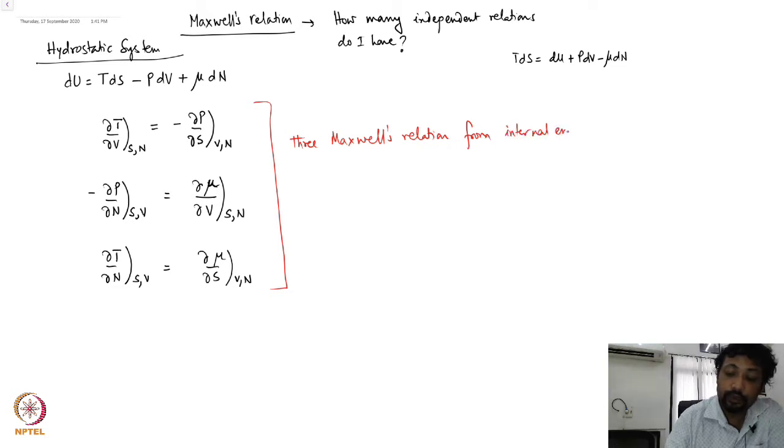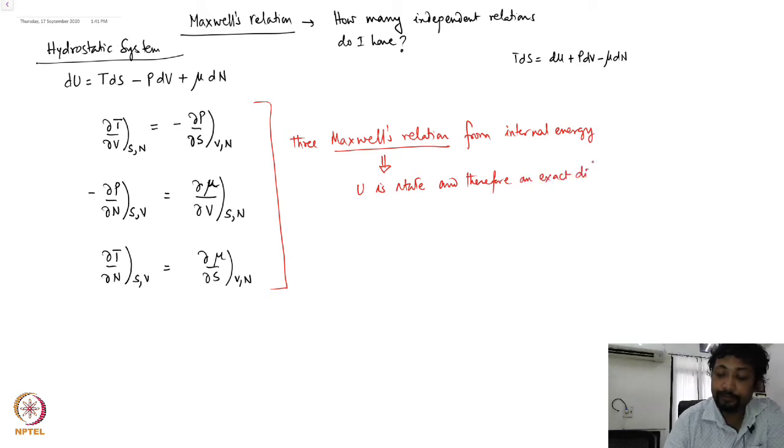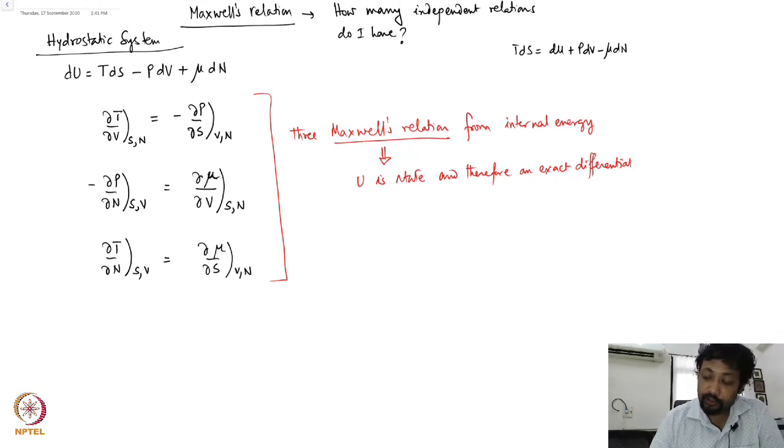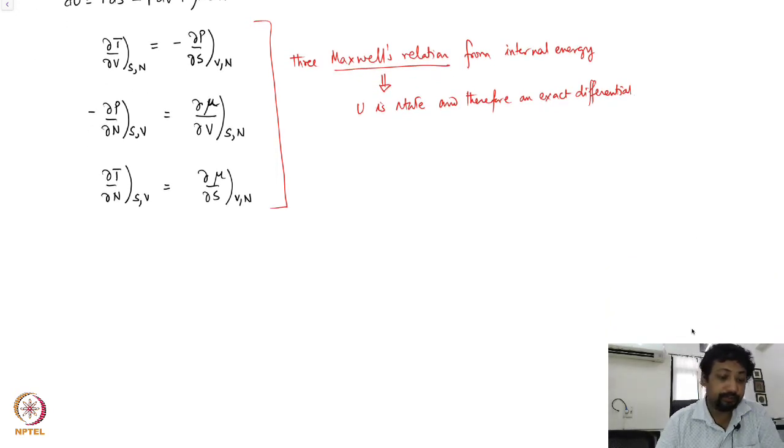Once again, very briefly, this is a consequence of the fact that U is a state function and therefore an exact differential. Now I want to use my knowledge of Jacobians.